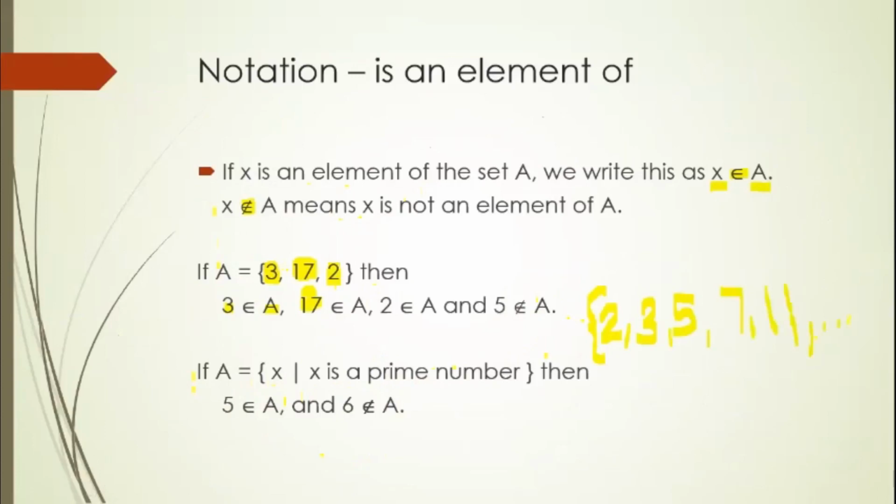So is 5 an element of our collection of prime numbers? Yes. Is 6 not an element of our set A? Yes, because it does not contain 6 here. So therefore, 6 is not an element of A.